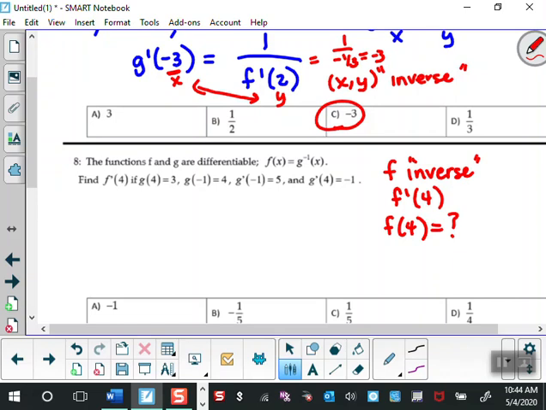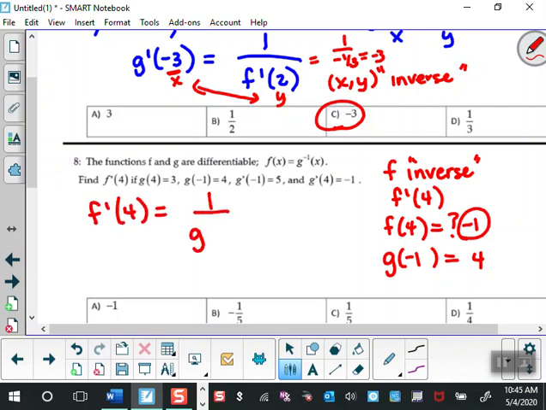Well, f of 4 equals something means that g of something equals 4. That means that magic y that we're talking about is -1. So if I want f prime at 4, I'm going to have to go 1 over g prime at -1. So 1 over 5.